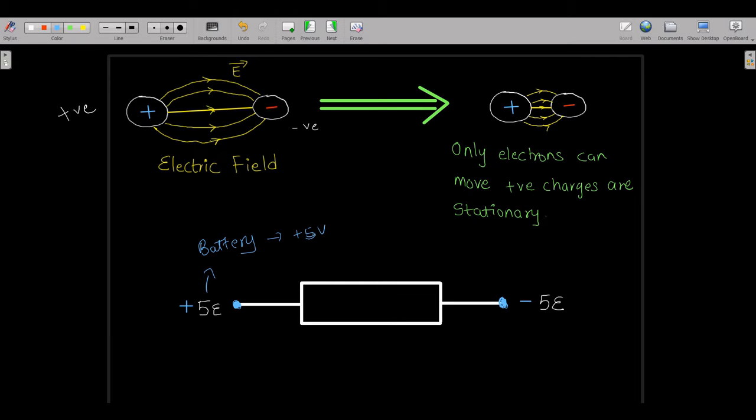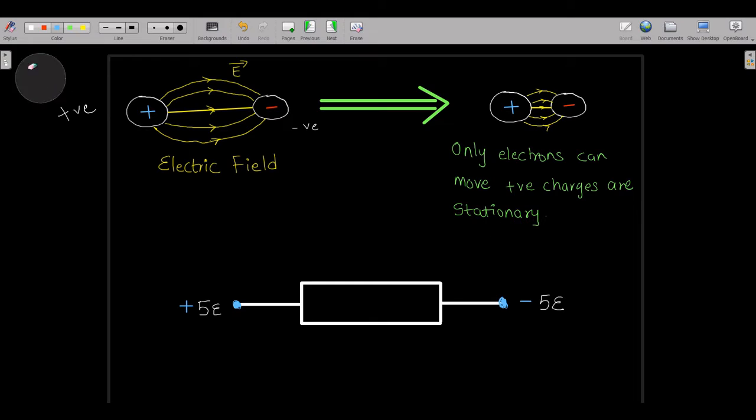Now I know that you might not know what voltage is, but just assume that I am applying plus 5 volts on one side and here I am applying minus 5 volts. Okay, just assume here I am applying minus 5 and here I am applying plus 5 volts, and this can be done with the help of a battery. Just assume or just remember it, but right now we don't need this because we don't know what voltage is exactly at this point.